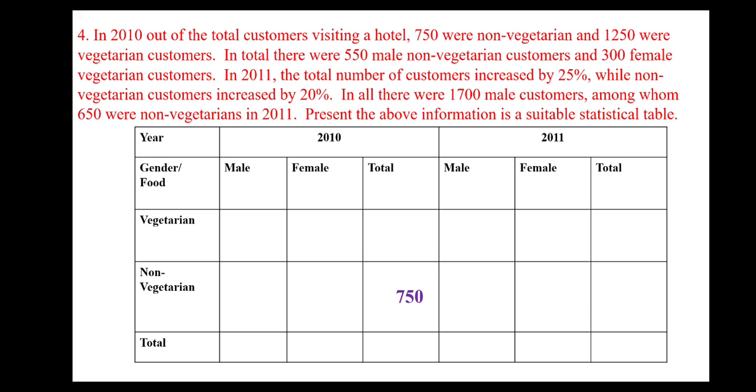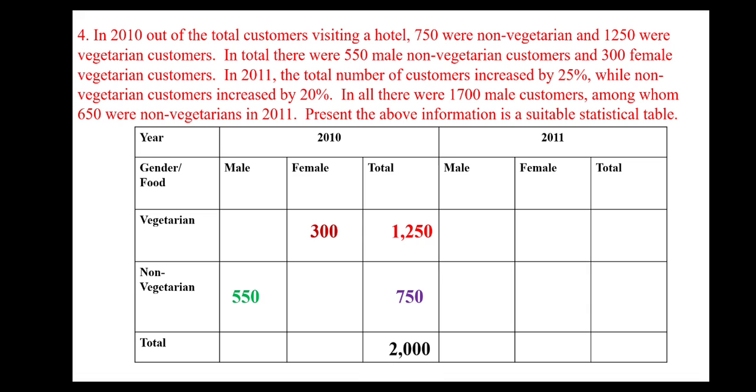Then 1250 were vegetarian customers in total. Then there were 550 male non-vegetarian customers. Read the question and answer accordingly. Then 300 female vegetarian customers. That is 2010. So these are the four values you got. Based on that, the remaining values you can find out.